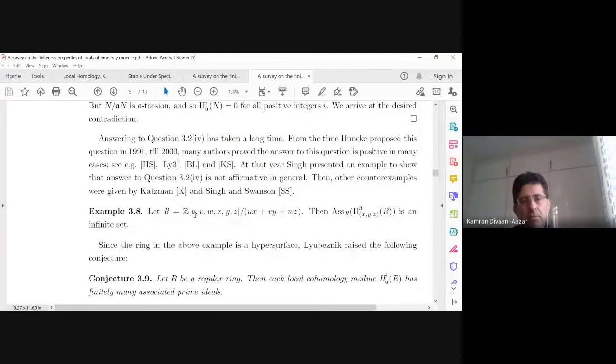Let R be this hypersurface. Then the associated primes of the third local cohomology of R with respect to the ideal generated by X, Y, and Z is an infinite set.